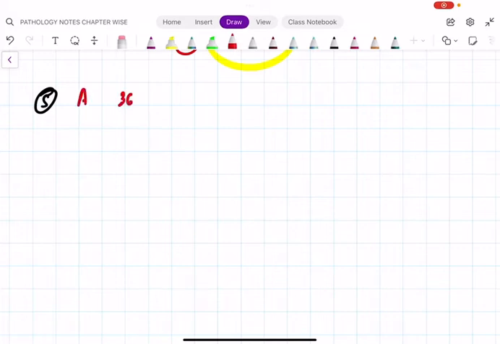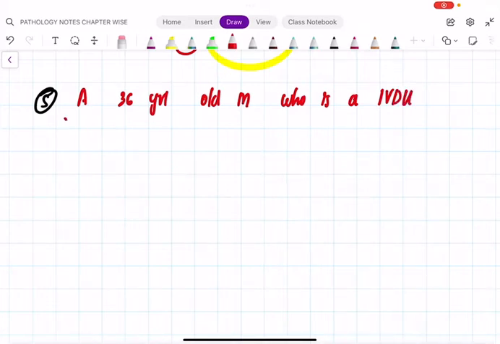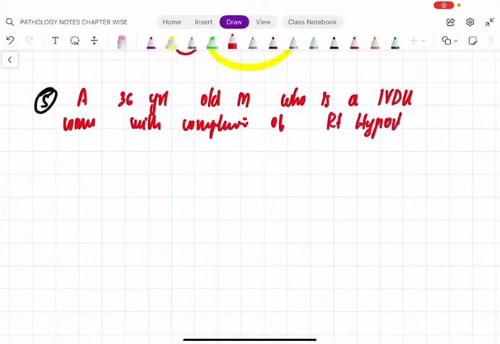A 36-year-old male who is an IVD, intravenous drug user, comes with complaints of right hypochondriac pain. Right hypochondrium, you have the liver pain.